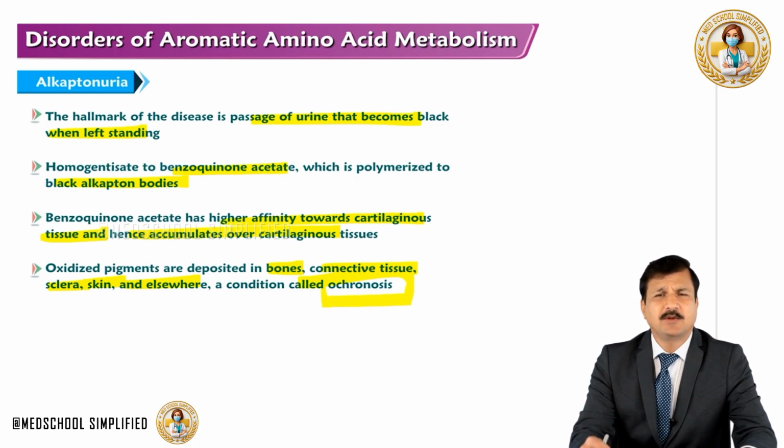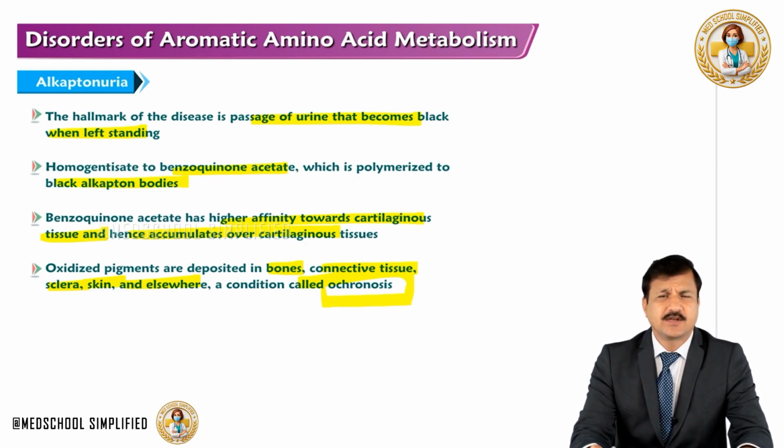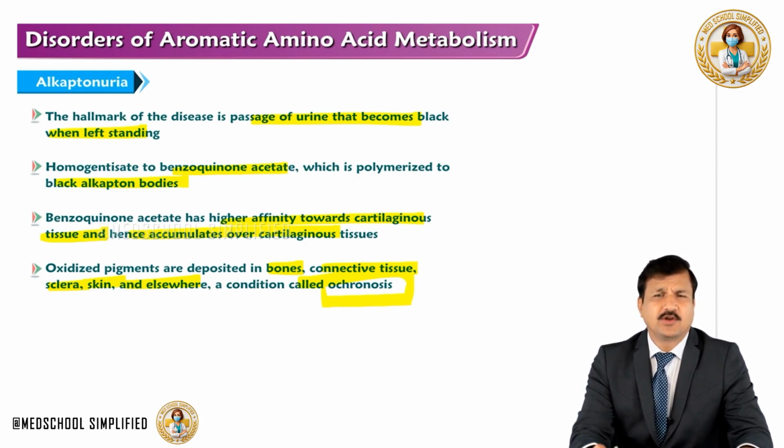Ochronosis can be acquired, because of the use of hypopigmentation agents which contain quinone derivatives, or it can be inherited ochronosis, and the cause of inherited ochronosis is Alkaptonuria.